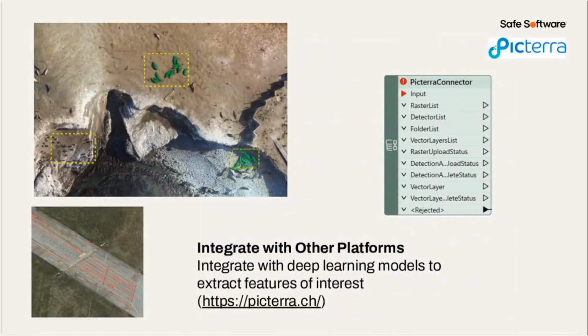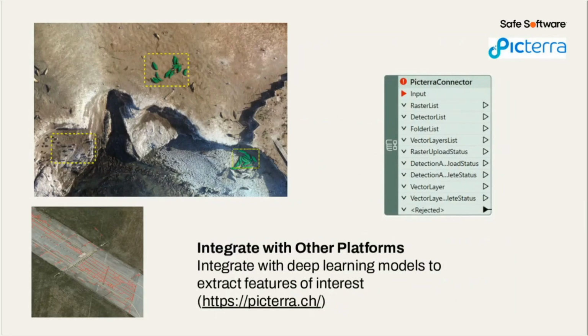Lastly, but certainly not least, is how FME can integrate with other platforms and implement deep learning models. These are computer models that are designed to learn patterns and features from images. These models use a type of artificial intelligence. For example, it can look at pictures and learn to recognize objects like cats or cars by analyzing features like edges, shapes, and colors.